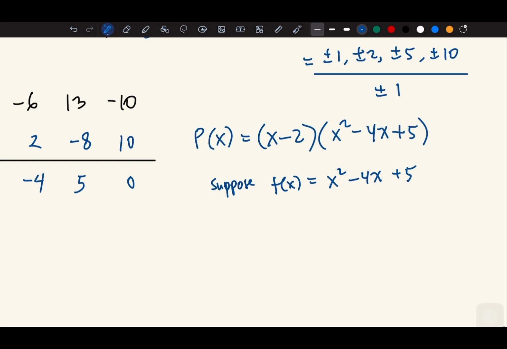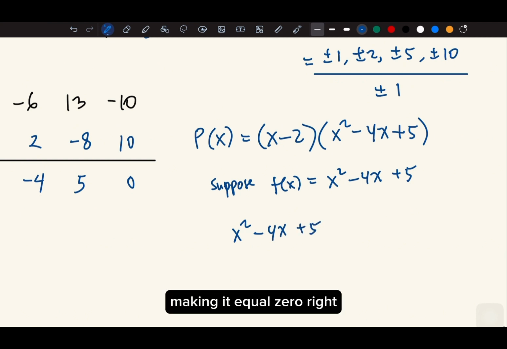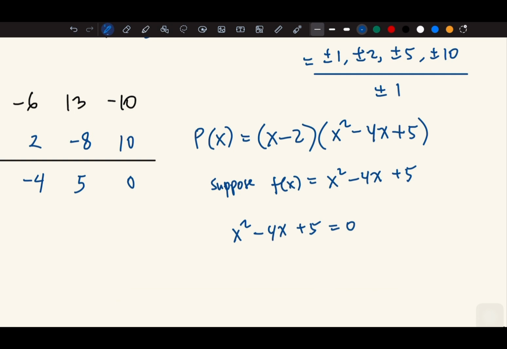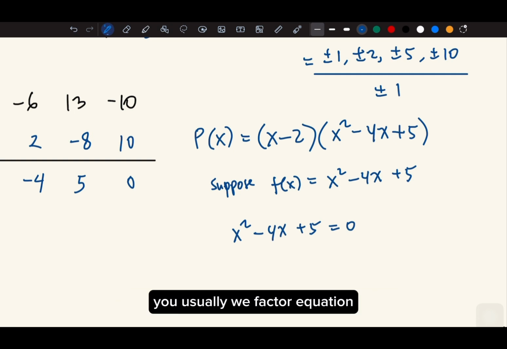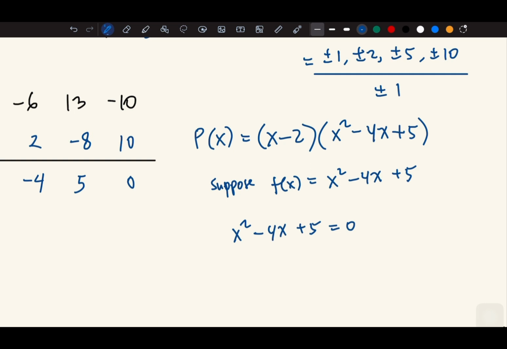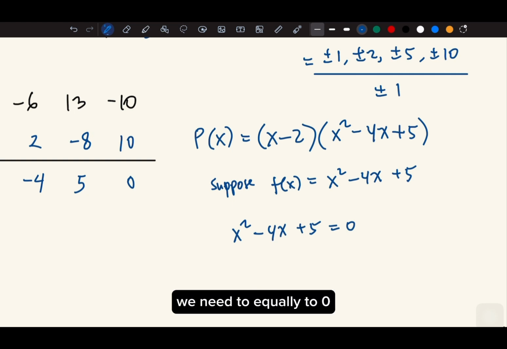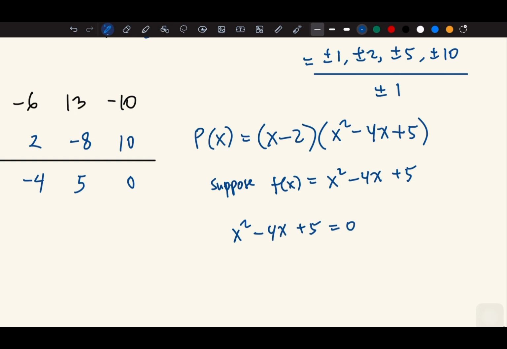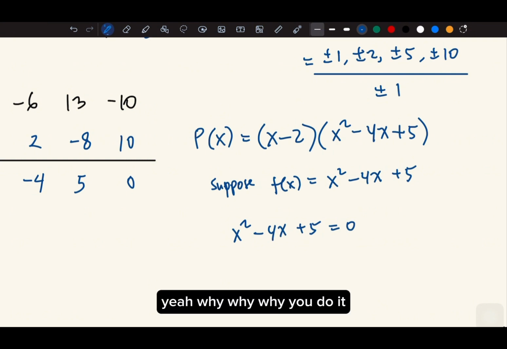So we are taking this, making it equal 0, right? Why do we need to make it 0? Usually we factor an equation and then equal it to 0. Why?